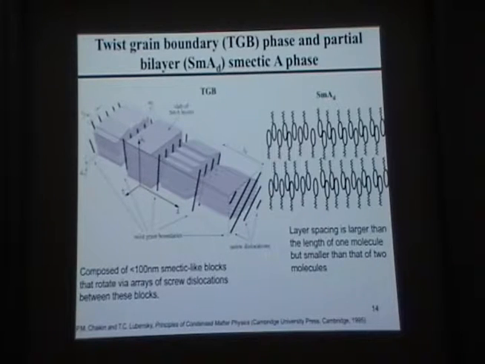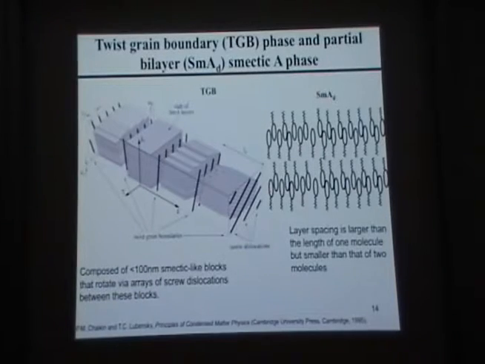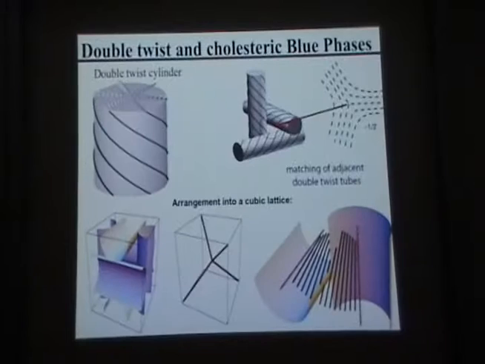And so it's a fairly complicated phase, right? We'll not go into details, but all of this self-assembly is happening on the nanometric scales, and it's very interesting from fundamental standpoint, but also from the standpoint of applications. Now, I described the cholesteric phase before.